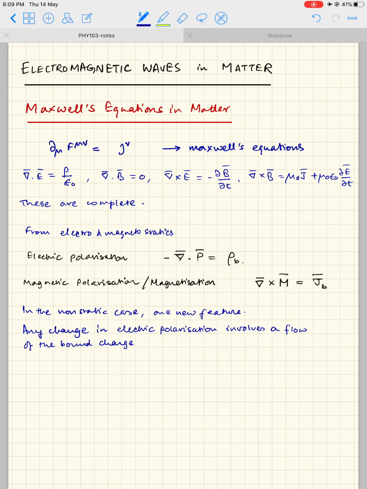And this must be included. So let's call that JP. That must be included in the total J, included in the total current.